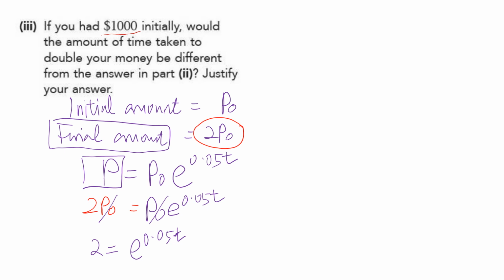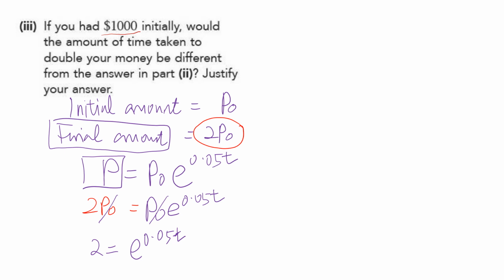Even if you put 1,000, 2,000, or 3,000, for it to be doubled the time taken will still be around 14 years. If you put 2,000, the time taken will be roughly 14 years. If you put in 3,000 for it to become 6,000, the time taken will also be roughly 14 years.